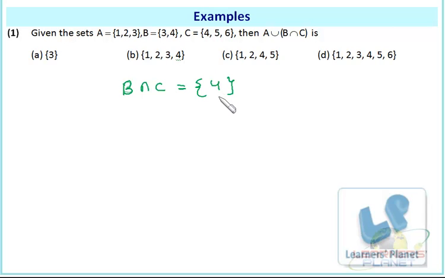So there will be one element only, that is 4, that is common between B and C.